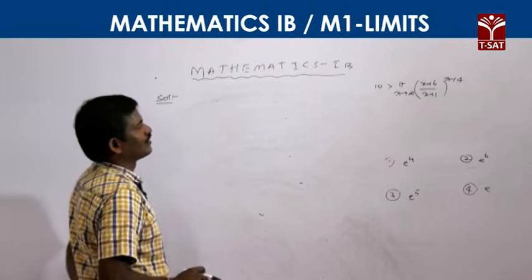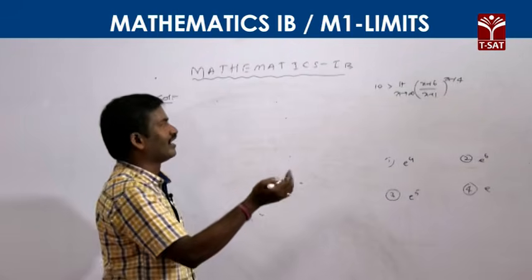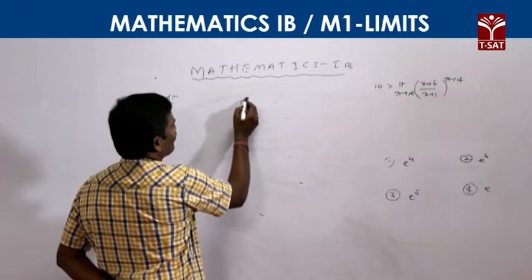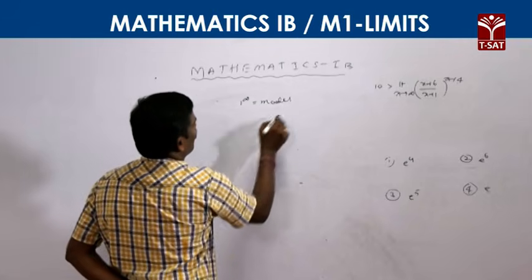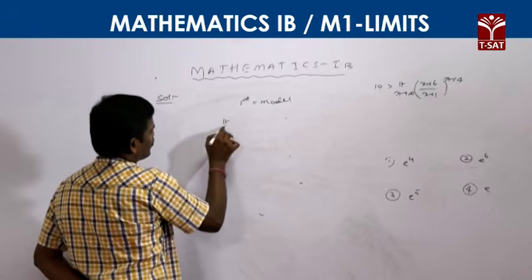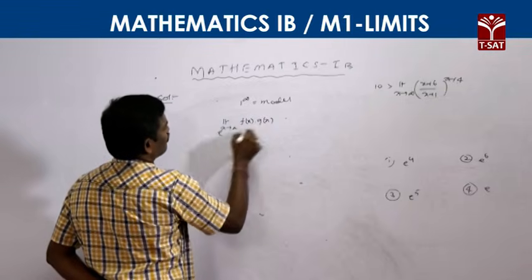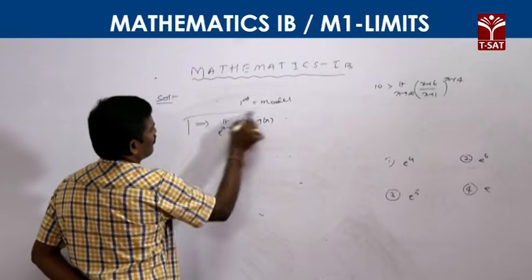So x tends to infinity is nothing but what? Substitute x place infinity value, that is 1 power infinity you will get. Answer is 1 power infinity model. So for this type of model questions, limit is e power limit of f of x into g of x formula. So this is the one important formula.